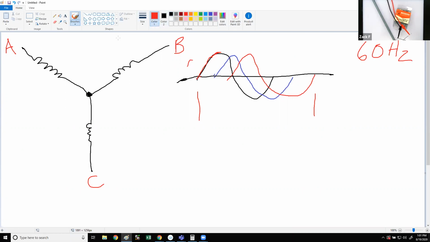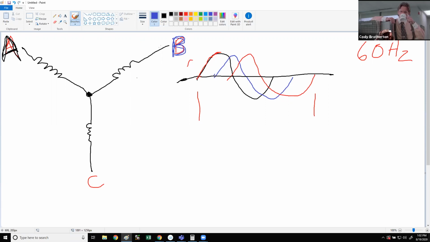It might help if I color code this. So Anthony's the black sine wave, right? Anthony's black. Ballard's blue. And Connor's red. So if you look at this sine wave, we're going black, blue, red, black, blue, red, black, blue, red, right?